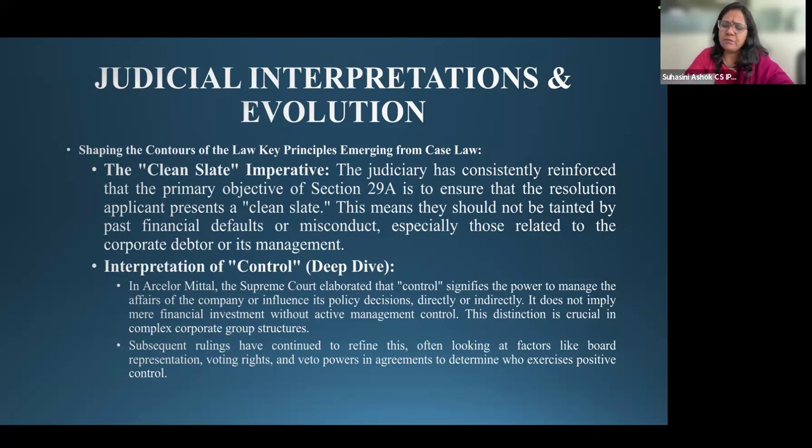So it's like a cobweb where you have to pull the strings and assess the disqualification based on the relation, that is, based on the facts.